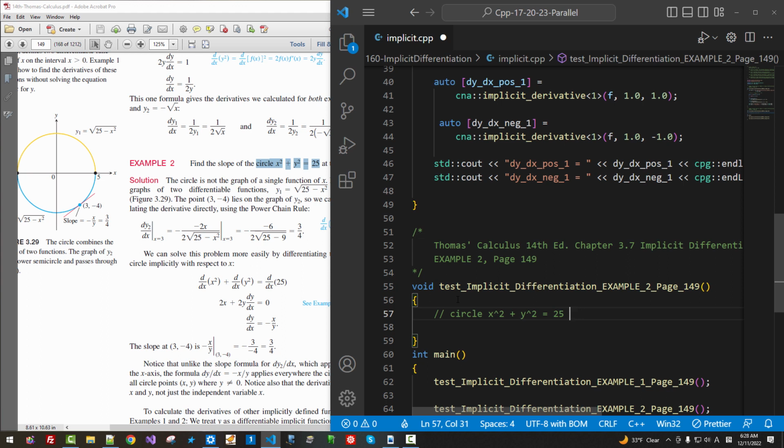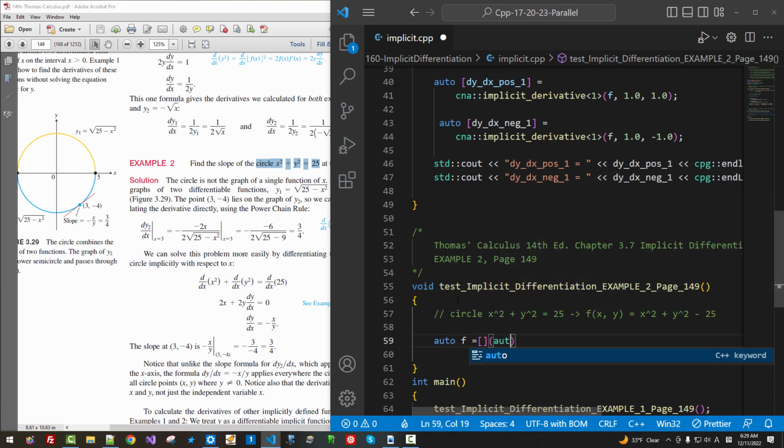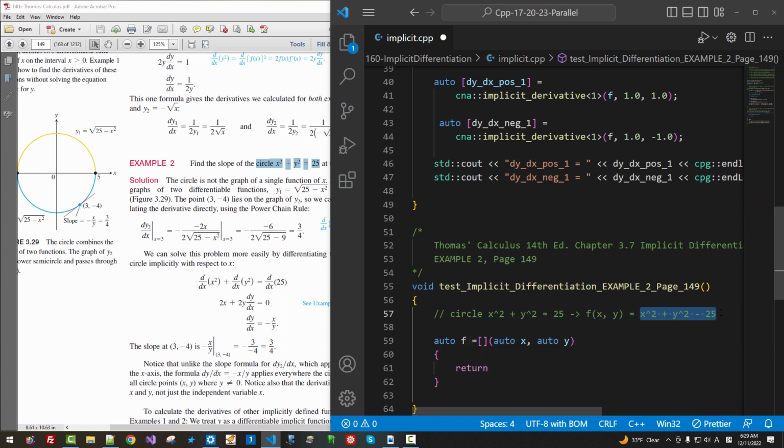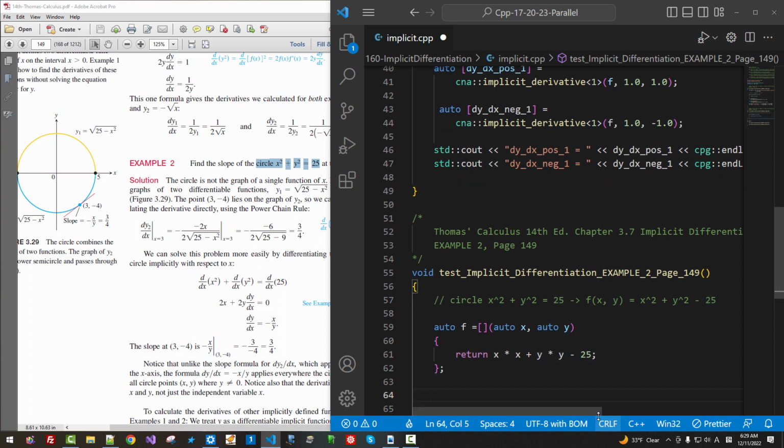It can be represented f(x, y) equals x squared plus y squared minus 25. Return this expression x times x, y times y, minus 25, semicolon.